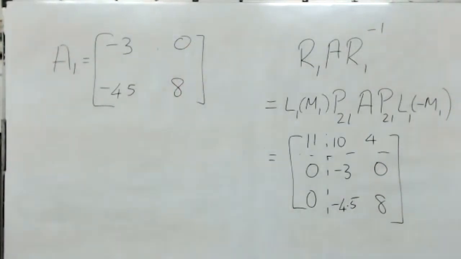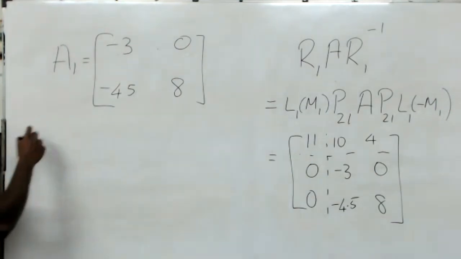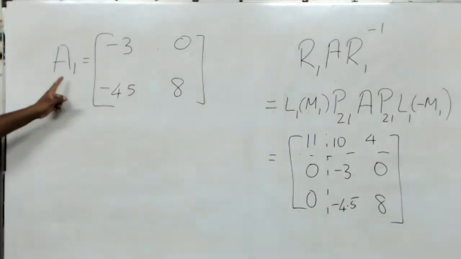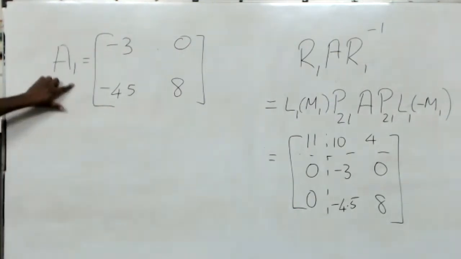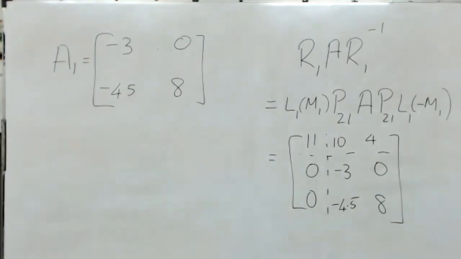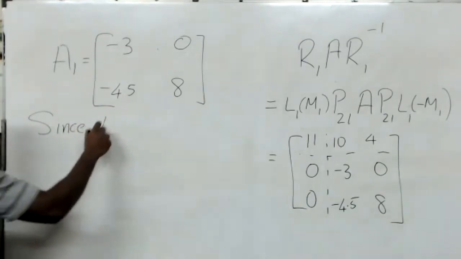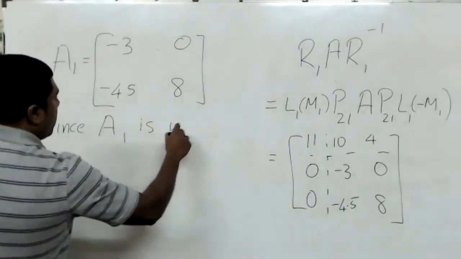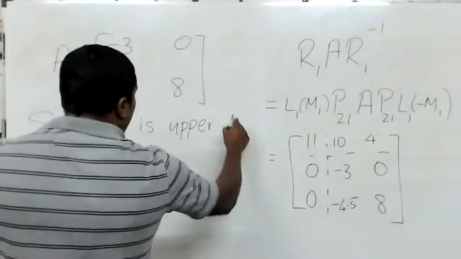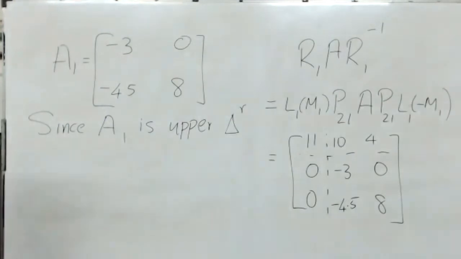Now you have to apply the power method for this matrix. But fortunately, you don't need to do this. Theoretically you have to apply the power method here to get lambda 2, but you can get lambda 2 and lambda 3 without doing anything because A1 is an upper triangular matrix.